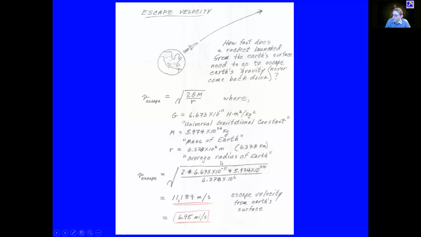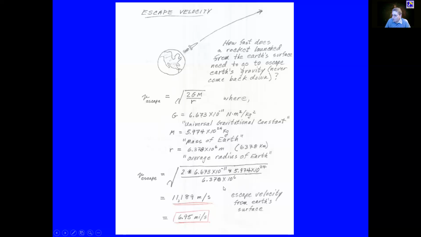And that is the radius of the Earth, we call it. It's an average number. It varies a little bit depending on where you're at. But that is essentially 6 million meters, or 6,378 kilometers is the radius of the Earth.